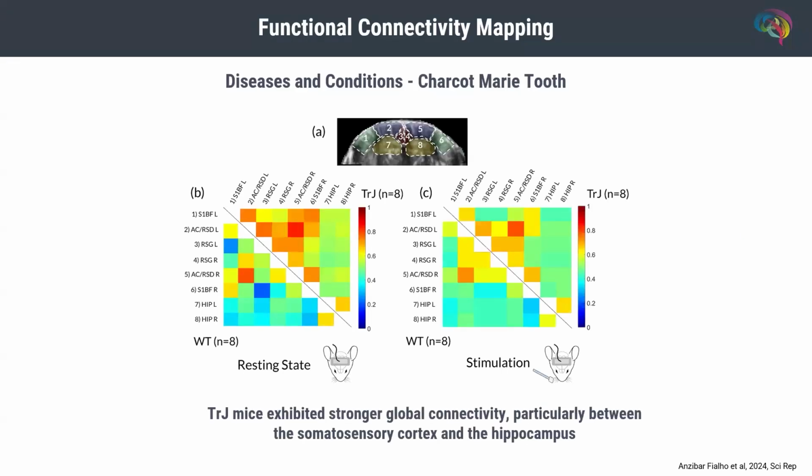And in this mouse model, compared to wild-type and healthy mice, they were able to show that there was an overall increase in connectivity, both during resting states and during tasks, and especially a stronger connectivity between somatosensory cortex and hippocampus that was completely abnormal compared to wild type.